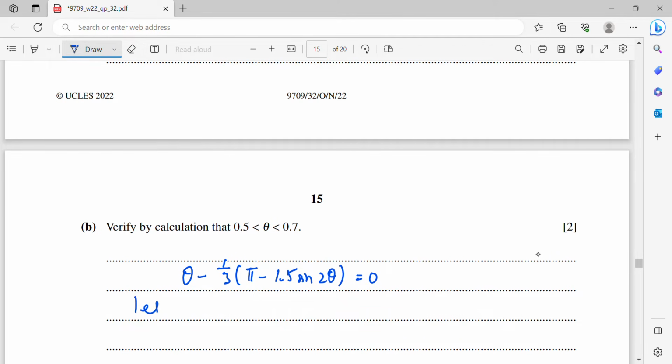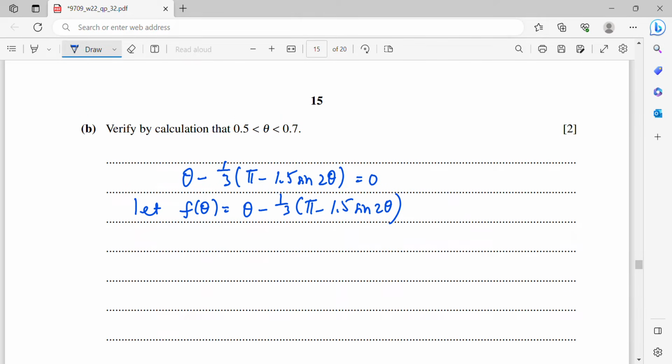Then I will let my f theta be the left hand side. To verify the theta lies between 0.5 and 0.7, we are going to use a sign change rule. So you need to count f 0.5 and f 0.7. Make sure both have opposite signs.